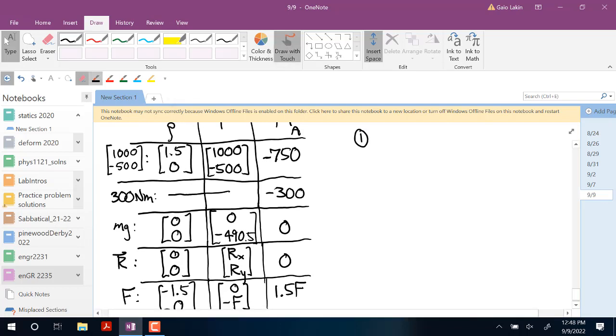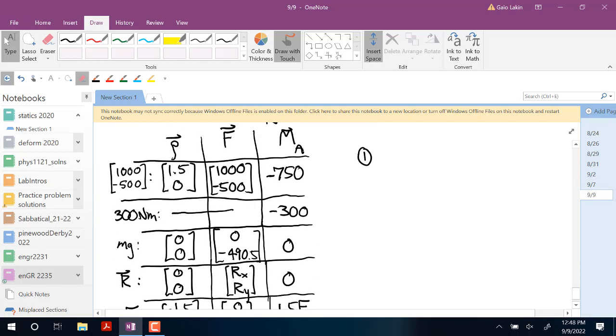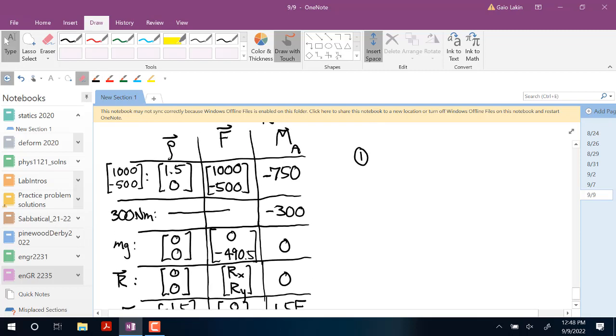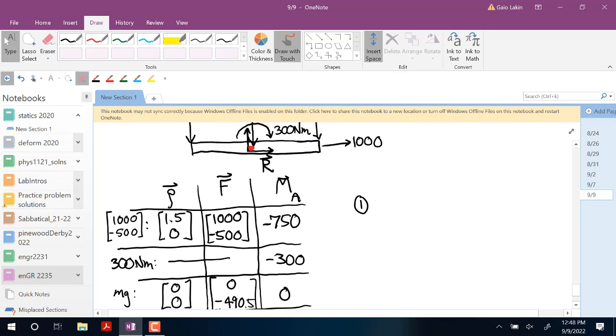So Newton's second law says, for the x component, we have Rx plus 1,000 is equal to 0. I'm going to write that as Rx is equal to negative 1,000.